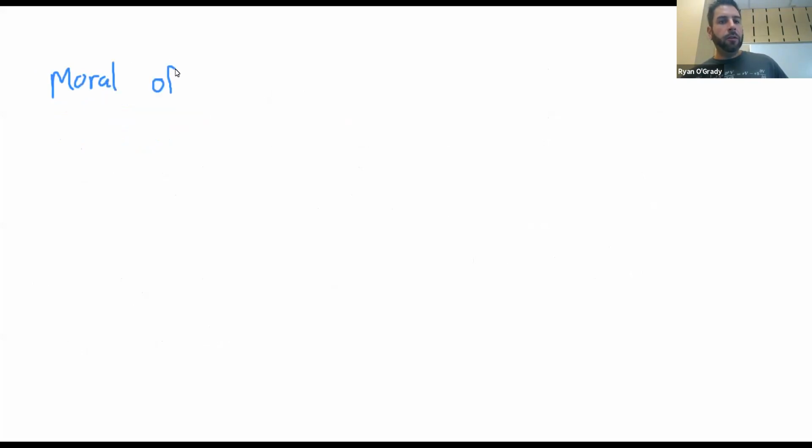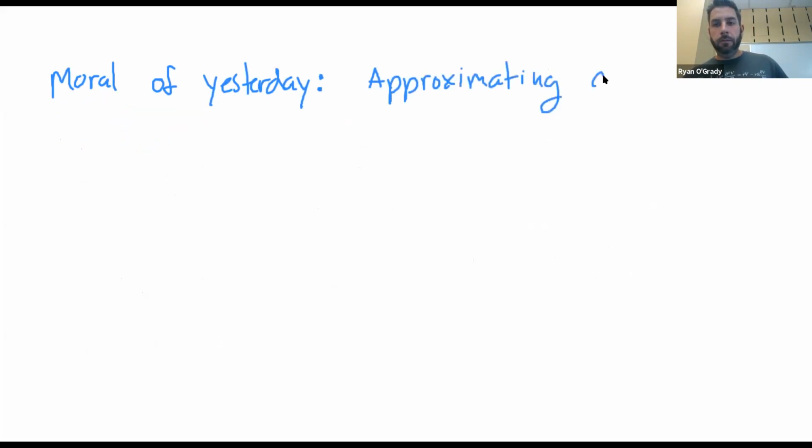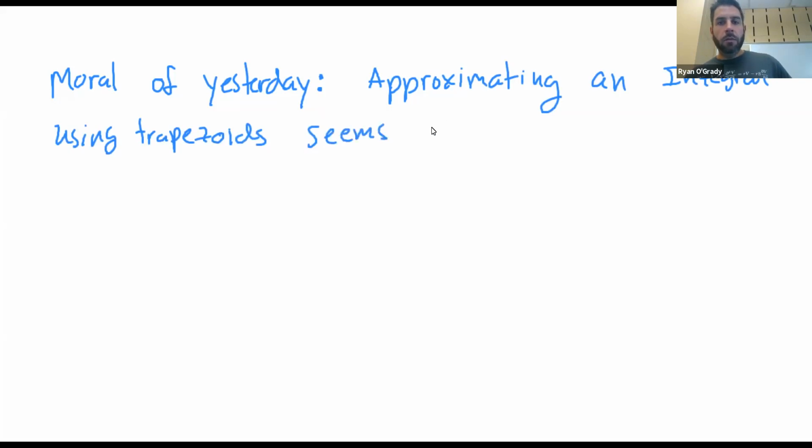So the moral of yesterday: approximating an integral using trapezoids seems sort of more efficient than rectangles.